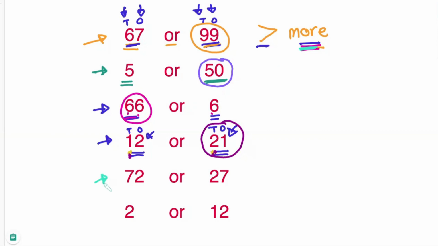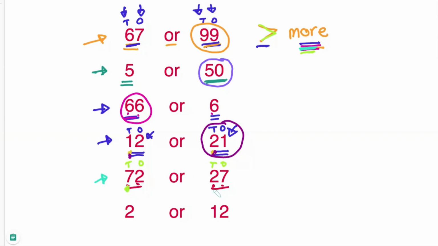Let's try another one. Now again, with this one, you can see that number 72 and number 27 have the same digits. Look, 2, 2, 7, 7. They've got the same digits. So we have to be very careful and write our tens and ones on top, just to help us a little bit if we're not too sure. So let's identify which one is the biggest, which one is larger, which one is more. With number 72, how many tens do we have? We have 7 tens.